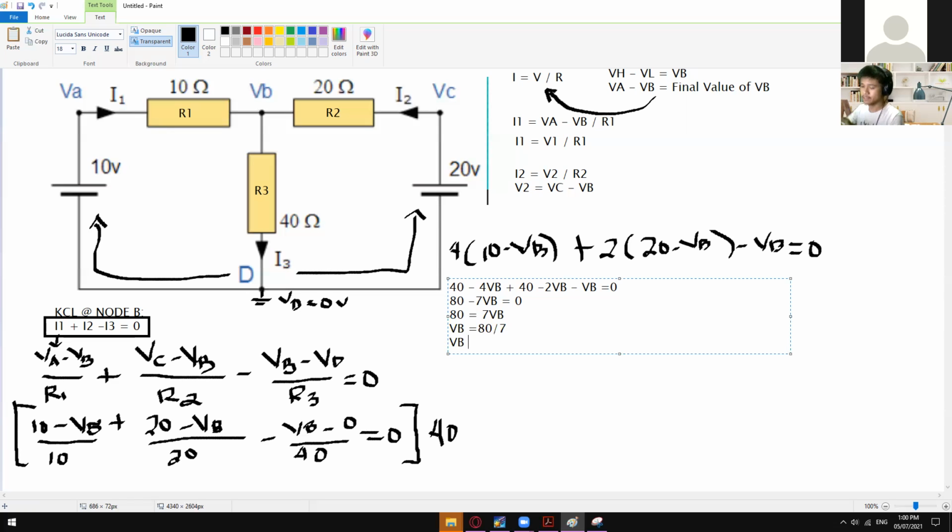And 80 divided by 7 is equal to 11.4285, or 43, 11.43 volts. So we now have the value of VB, which is 11.43. Were you guys able to follow on how we got this 11.43?